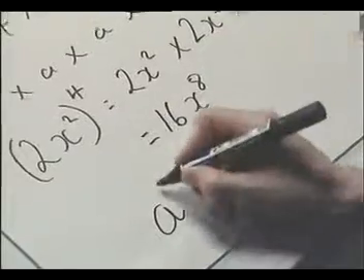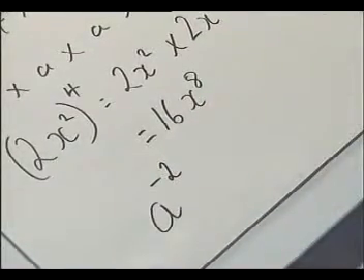Okay, we've got a notation. We've got a way of writing something down. Now, when mathematicians have a notation and a way of writing something down, they want to be able to use it for other purposes. So, for instance, what might a to the minus 2 mean? We know what a to the power 2 would mean, but what about a to the minus 2?